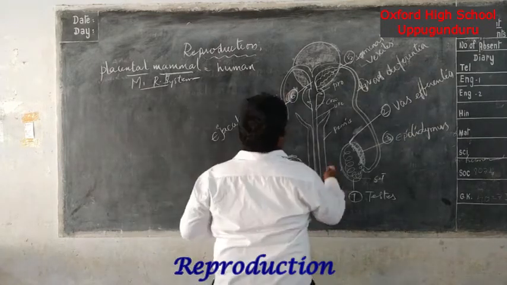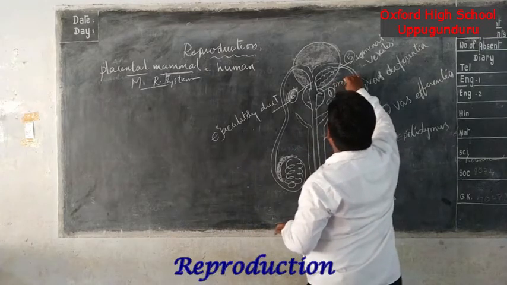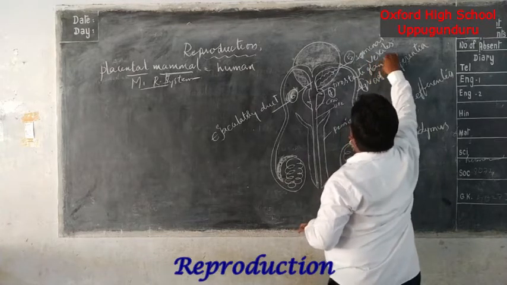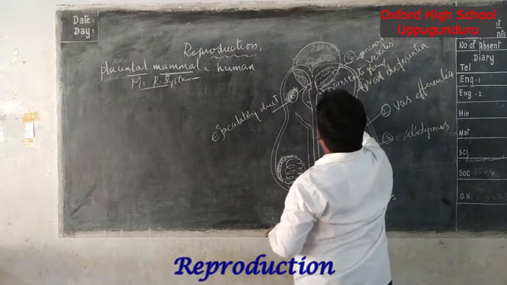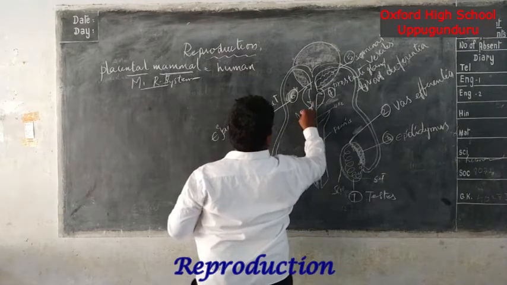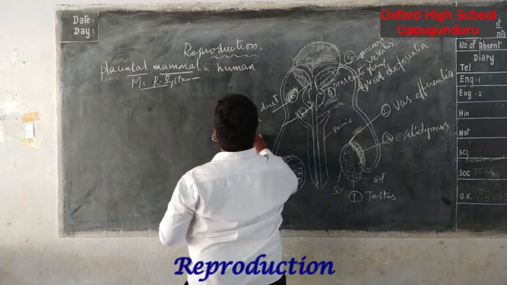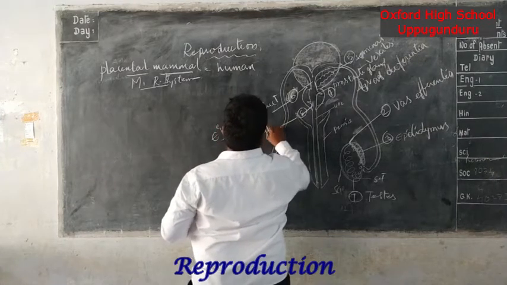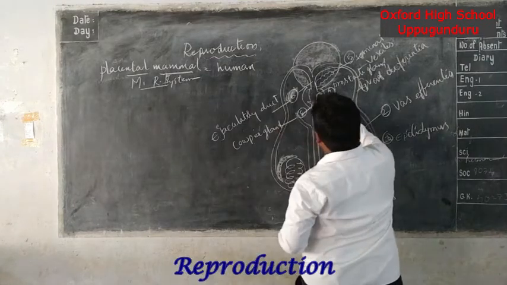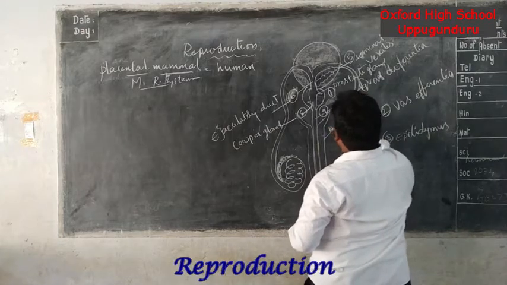Seventh, prostate gland. Eighth, Cowper gland. Ninth, urethra. Tenth, penis.